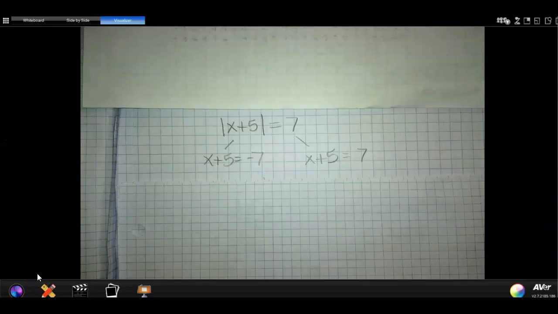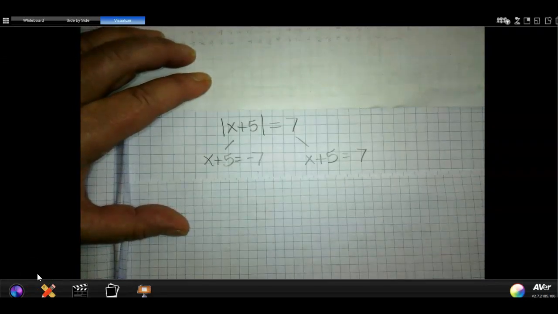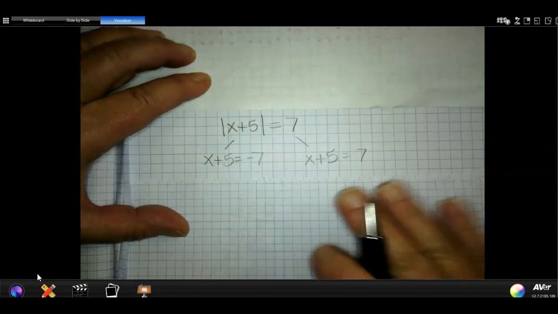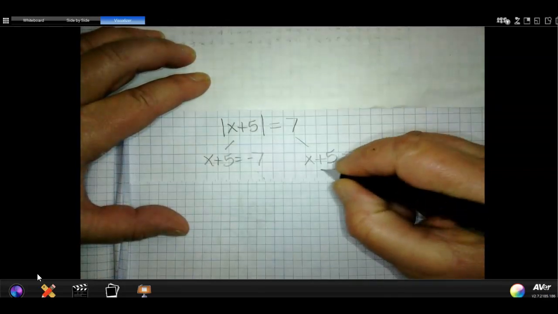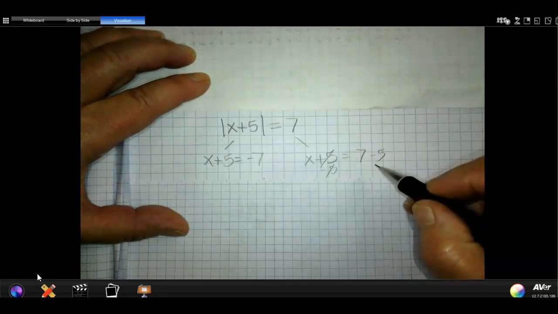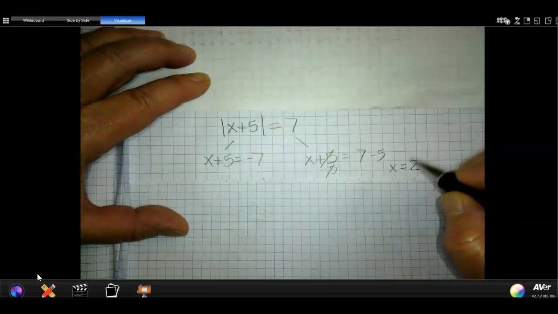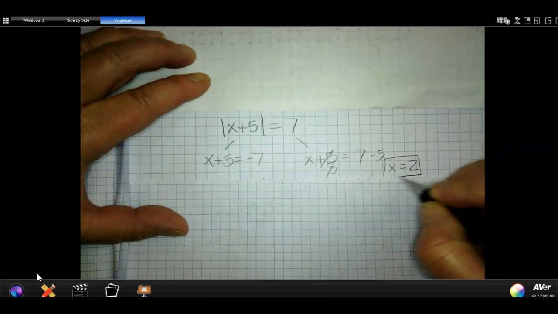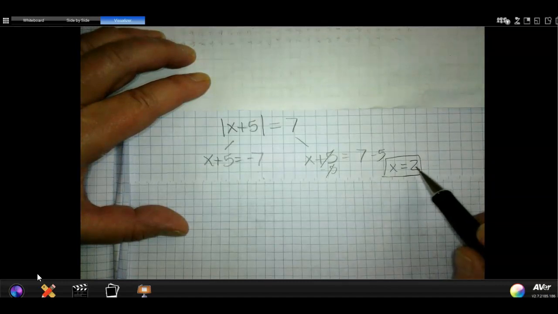Okay, so now that we've looked at this visually, let's do it with pencil and paper. So I'm going to solve this one first. So I'm going to subtract 5 from both sides, and look what I got. I got x is equal to 2. Okay? You saw on the visual that one of the solutions was 2 steps away from 0.